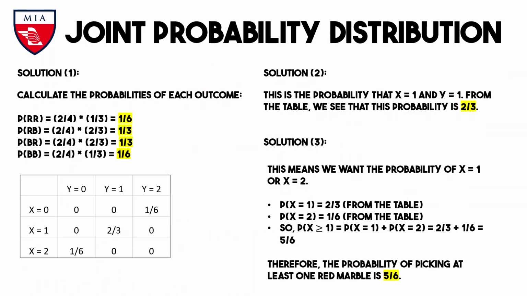So next is to calculate the probabilities for each outcome. Let me explain how we came up with this solution. In order for us to get this answer, remember multiplication rule number 2.